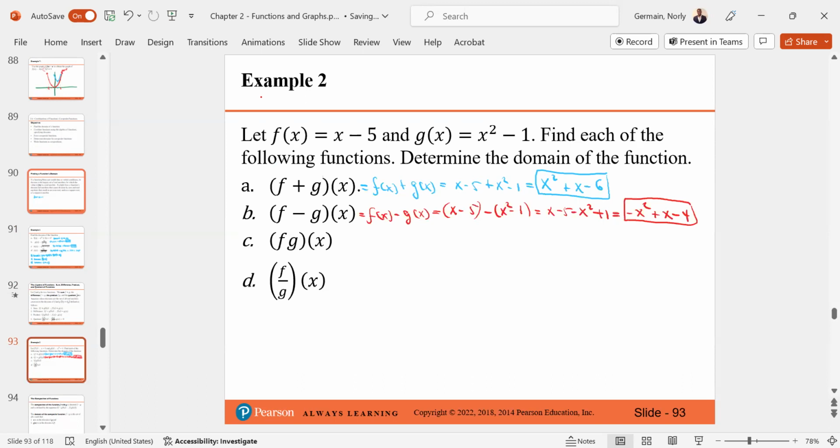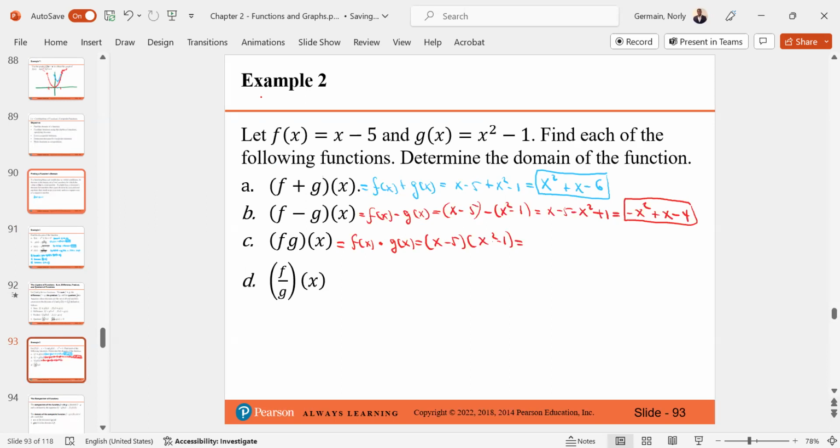Now, the product is a little bit different again. That means you take f of x, you multiply it by g of x, then you distribute, you FOIL. So we have x minus 5 times x squared minus 1.